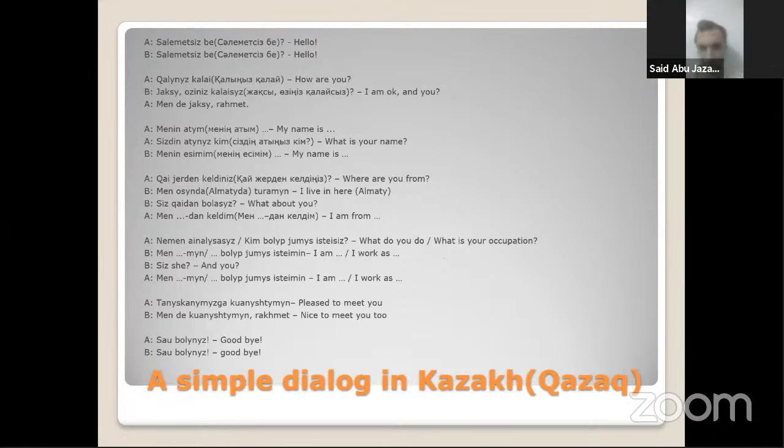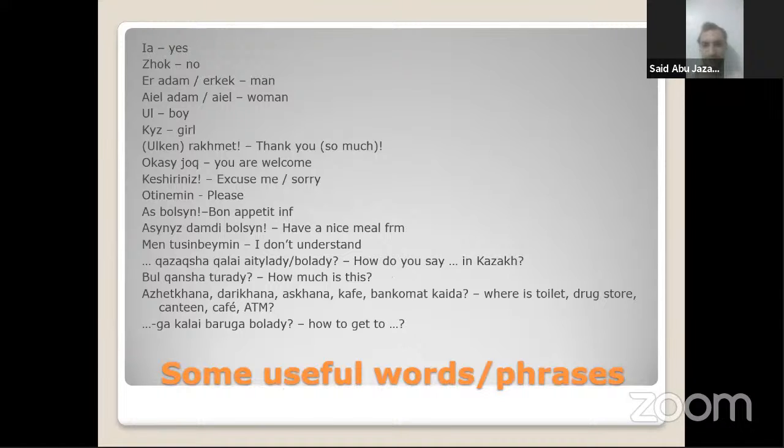Okay, here's the short list of some useful words. In Kazakh, yes will be yeah, жоқ will be no, men will be ер адам or еркек, woman will be әйел адам or әйел, just boy is ұл, girl is қыз.